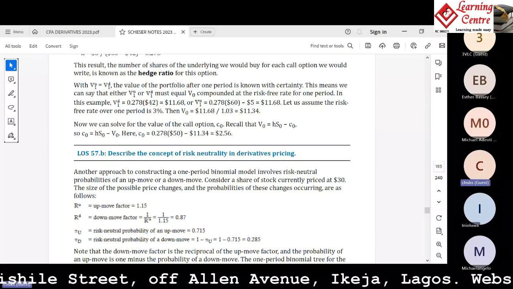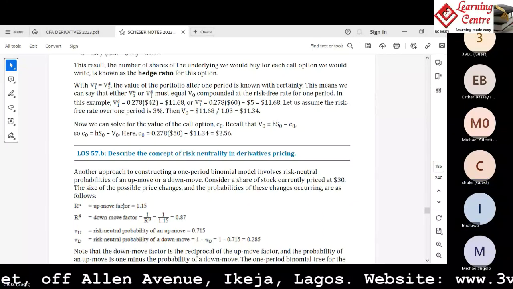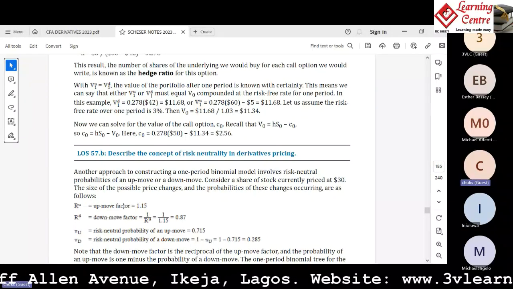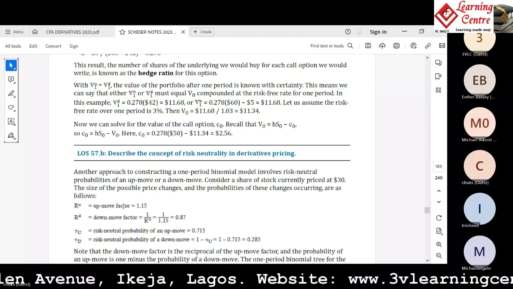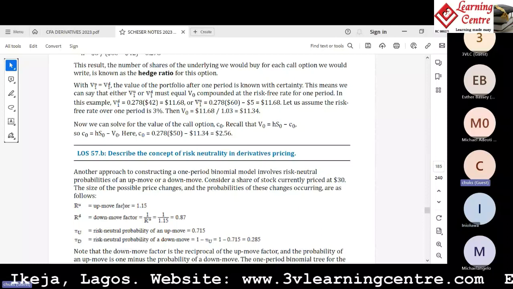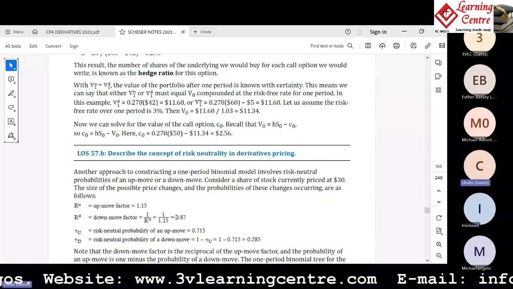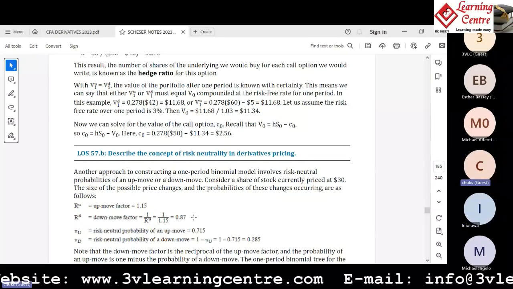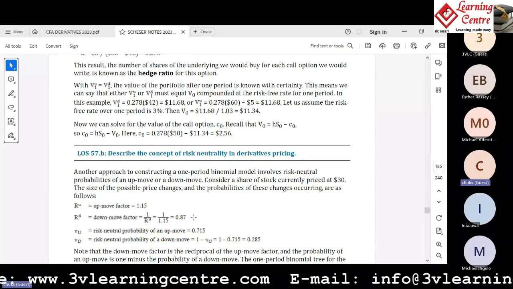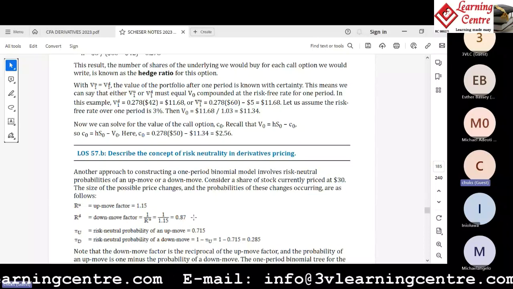We're given 1.15, which is the up move factor, so it is going to rise by 1.15. We now needed to say, what is the decline value? We did 1 over 1.15 to give us 0.87. So the price of 30 will rise by 1.15, or it will decline by 0.87.